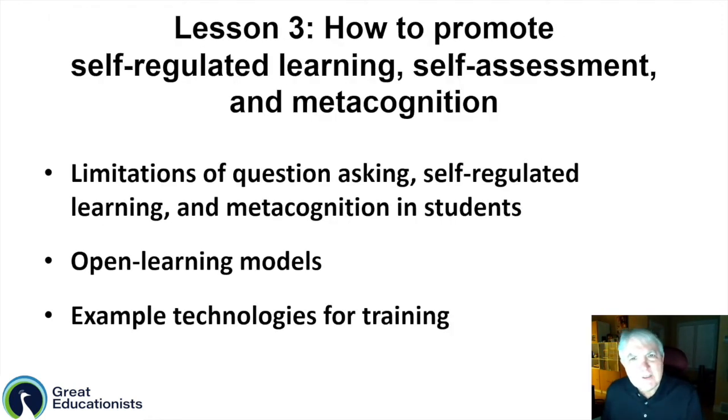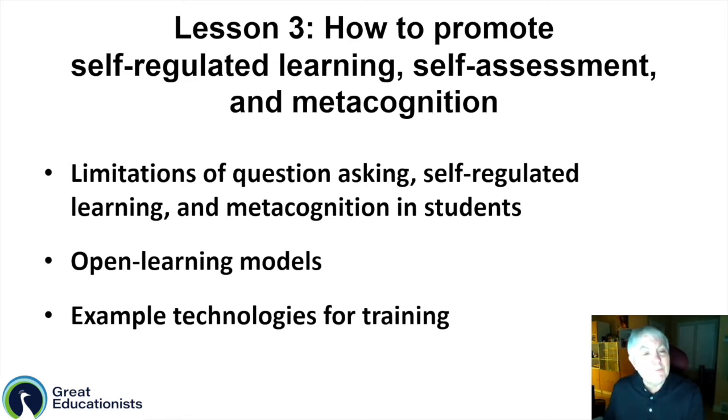The third lesson is how to promote self-regulated learning, self-assessment, and metacognition. As many of us know, these are core skills that need to be acquired in the 21st century. However, I'll talk about limitations of these skills in students. Students don't really implement these skills very well at all.